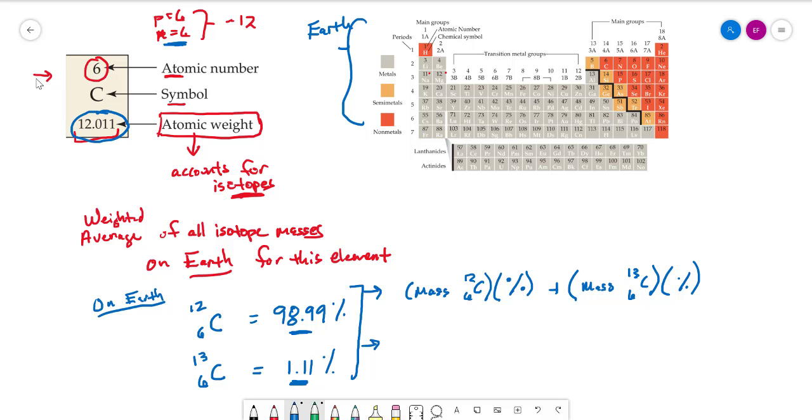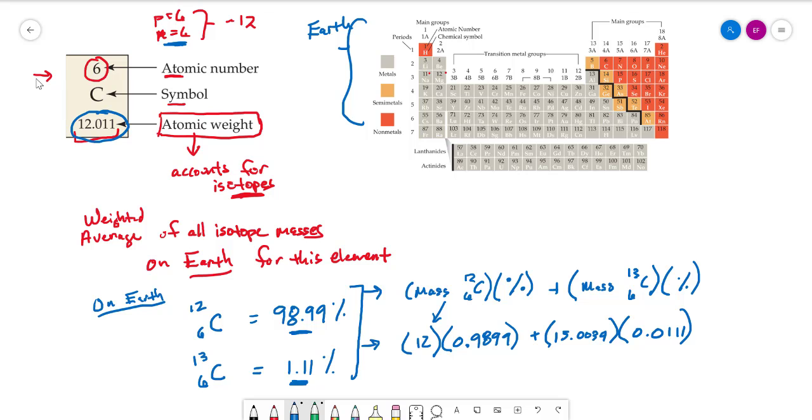So that would compute to 12 for this, times, and since this is a percentage, we'll multiply this in non-percentage form, 0.9899, plus the mass of carbon-13, which is going to be given to us as 13.0034, times its abundance, which is 0.0111.